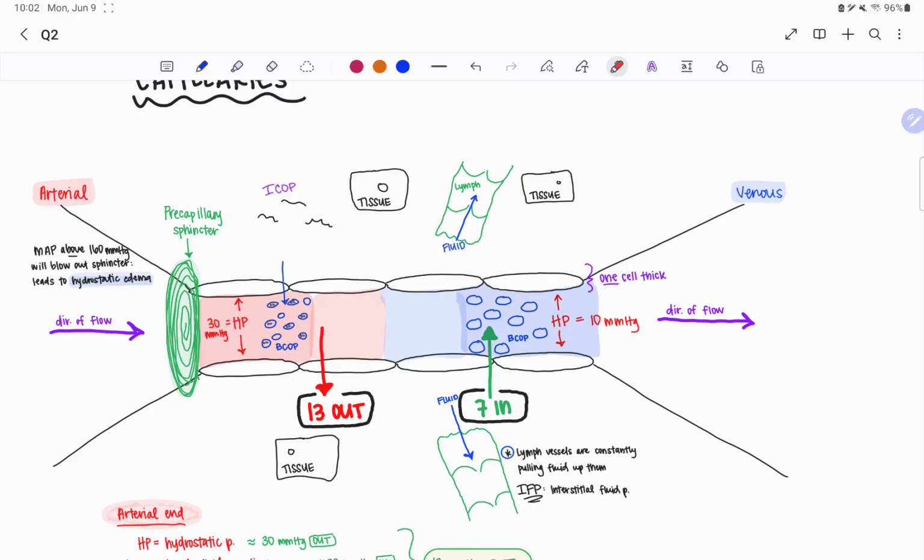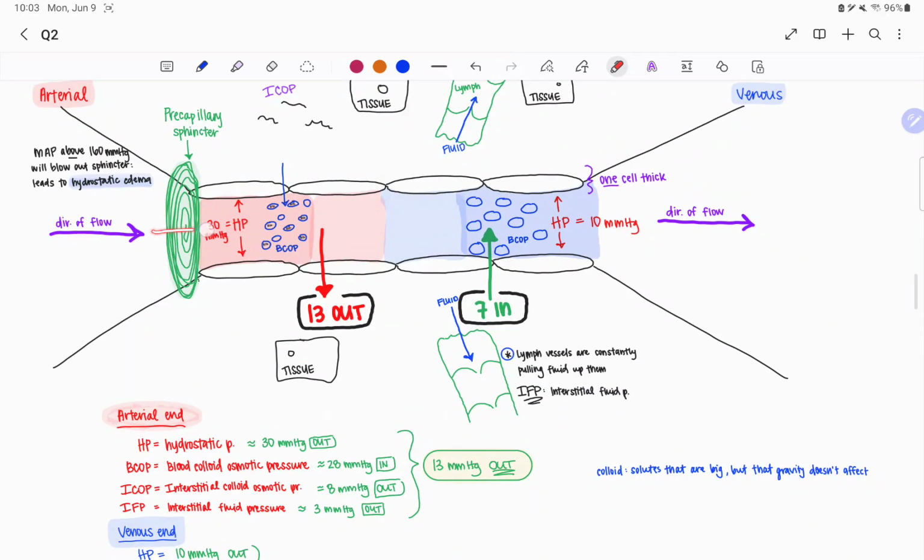I guess I'll mention this: MAP above 160 millimeters of mercury will blow out this sphincter, and so it'll cause a whole bunch of hydrostatic pressure, which is basically just blood pressure in here, and so it can cause issues. Anyway, this precapillary sphincter helps regulate the amount of pressure inside our capillary.